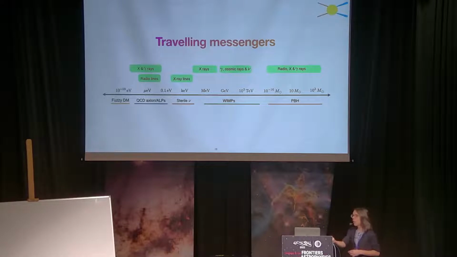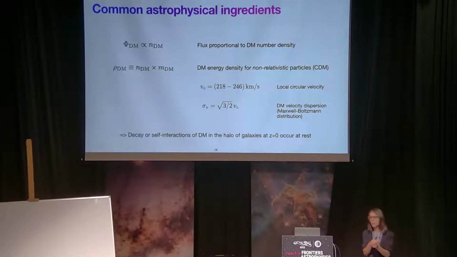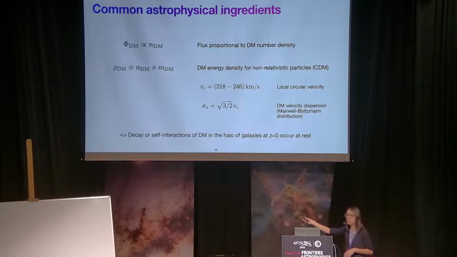So let's start from some basics about what are the astrophysical ingredients that you need in order to try to look for dark matter. First of all, the dark matter flux of your particle, so the number of particles per unit area that you expect, is directly proportional to the density of dark matter particles in the target of interest.